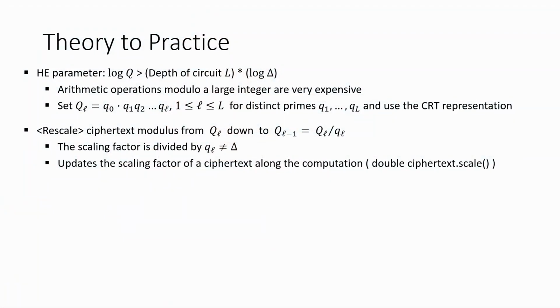If we divide the ciphertext by small ql, then the plaintext is also divided by ql, meaning that the scaling factor is not stable. We started from two ciphertexts with scaling factor delta. After multiplication, the scaling factor becomes delta squared. But if we rescale this ciphertext by ql, then the scaling factor becomes delta squared divided by ql, which is different from delta.